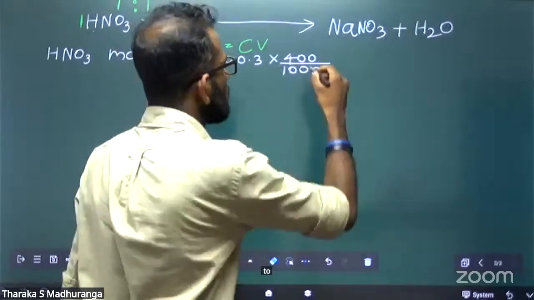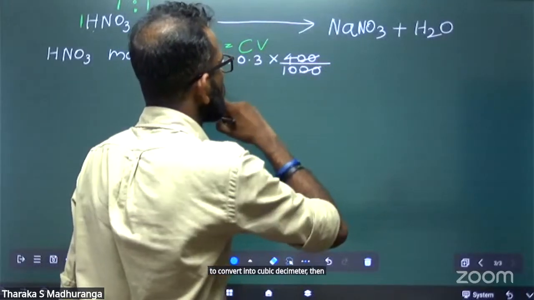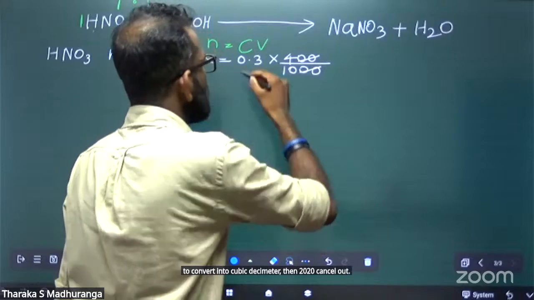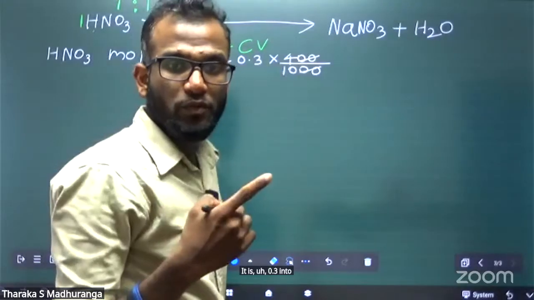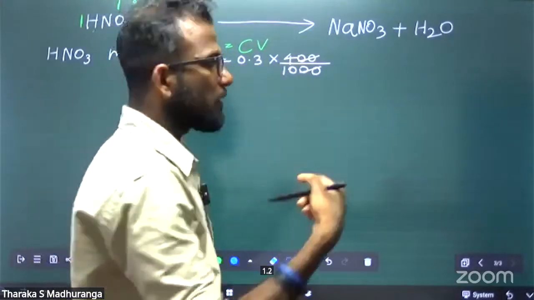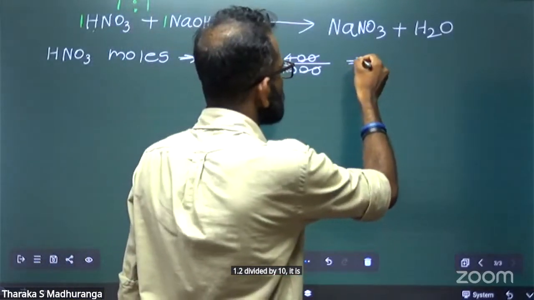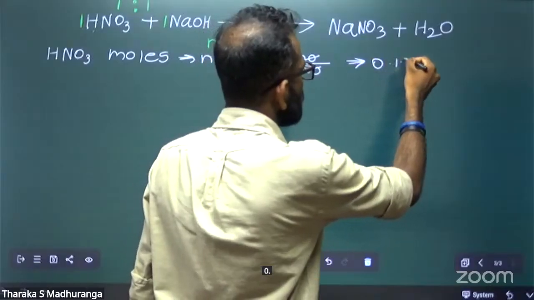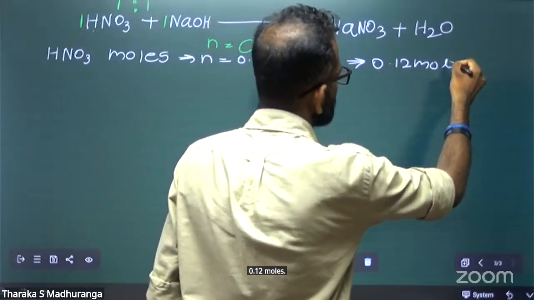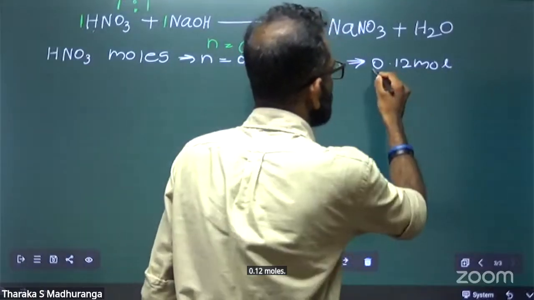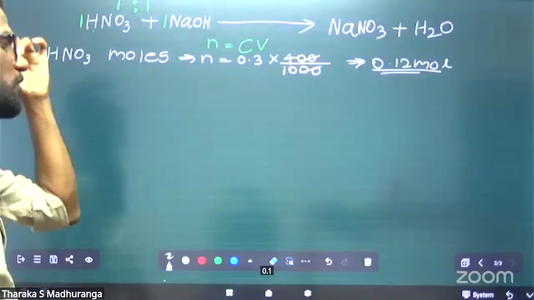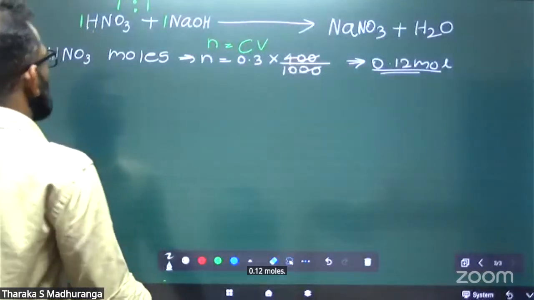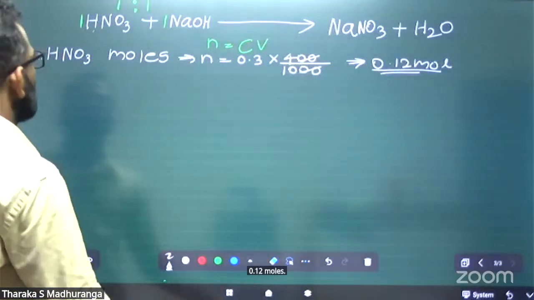Then the zeros cancel out. It is 0.3 times 4, which is 1.2. 1.2 divided by 10 is 0.12. So 0.12 moles. Okay, next one.